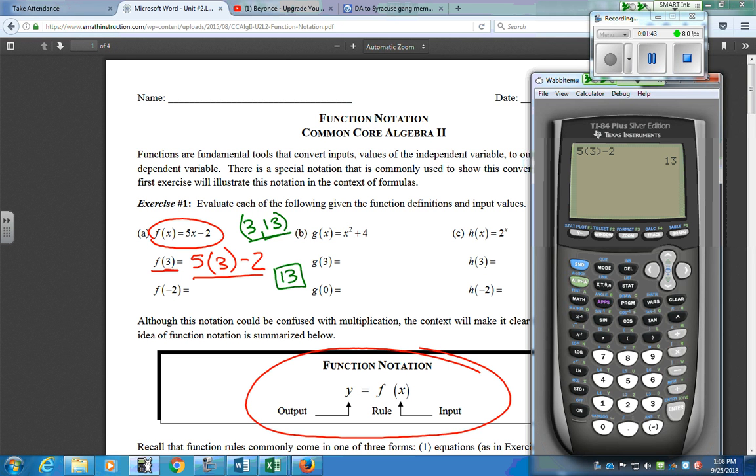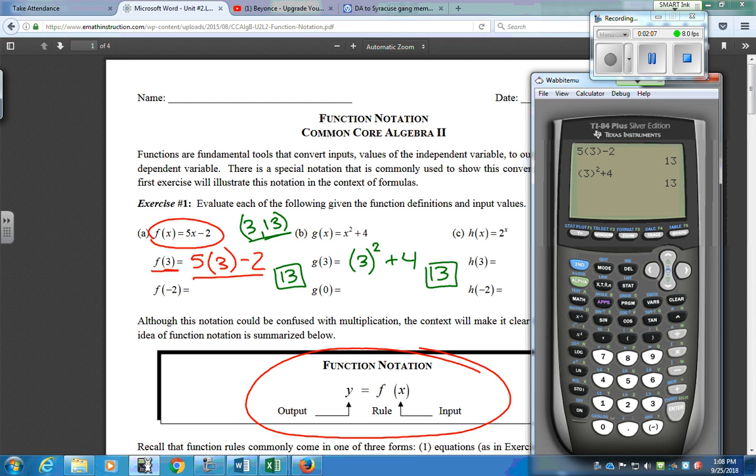If you do the next one, they want us to put 3 in for x, so it's got a square with it, so we're still going to include the square outside. And this one, coincidentally, ends up being 13 as well. Again, it's parenthesis 3. You want to make sure they look alike as you're putting them in.